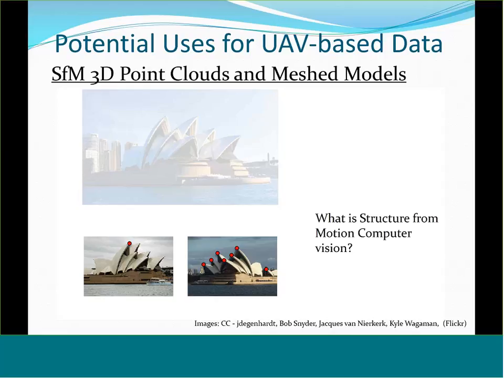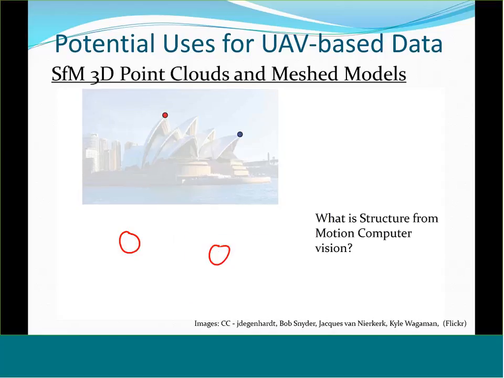The way structure from motion works is, imagine the computer algorithm being able to look at two different images and recognize that this point and this point represent the exact same object. Likewise, we could look at two other points that represent the same object, and a whole variety of different points that can represent the same object.